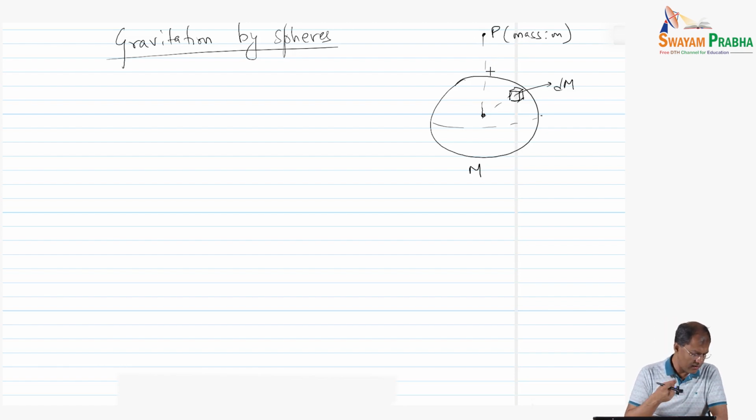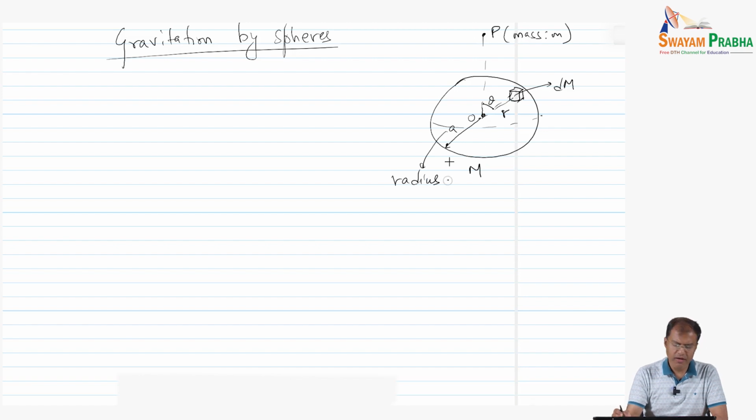So the geometry is, let us say this dM is subtending a solid angle theta. And let us say that this is at a distance r from my origin O, and further let me also say that the radius of the sphere is a.